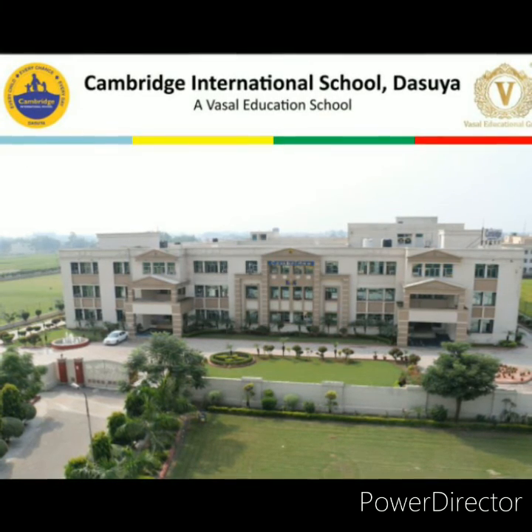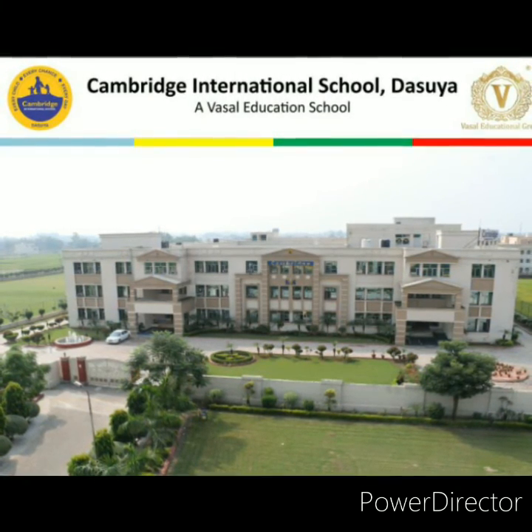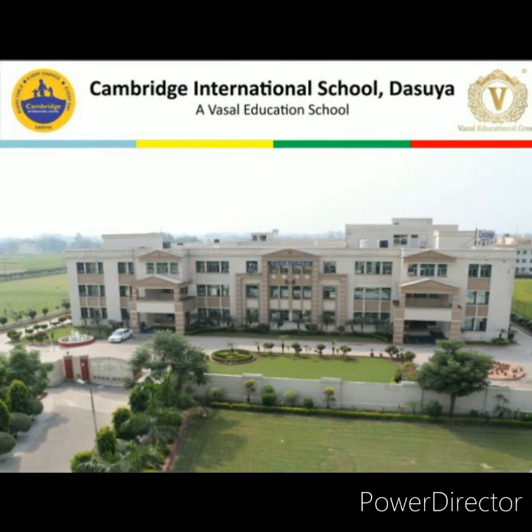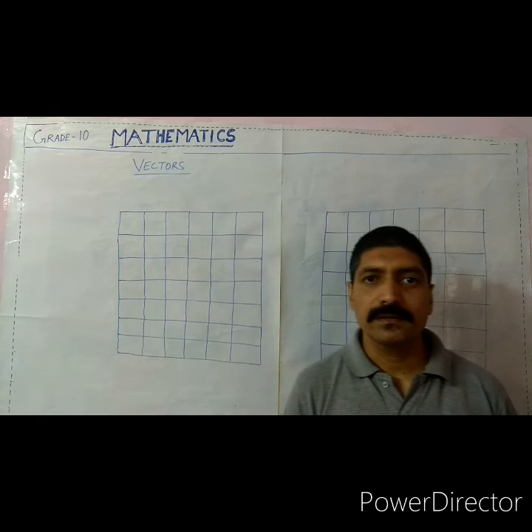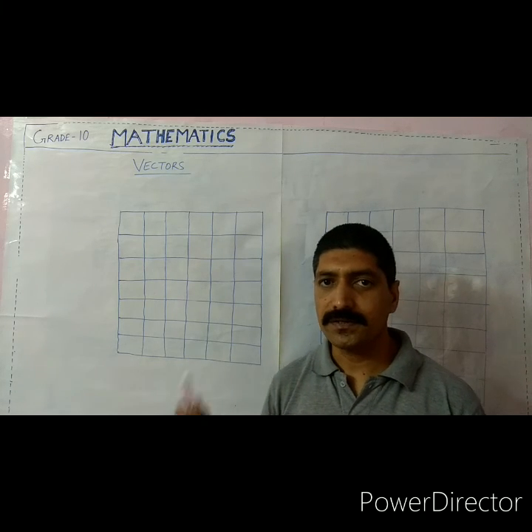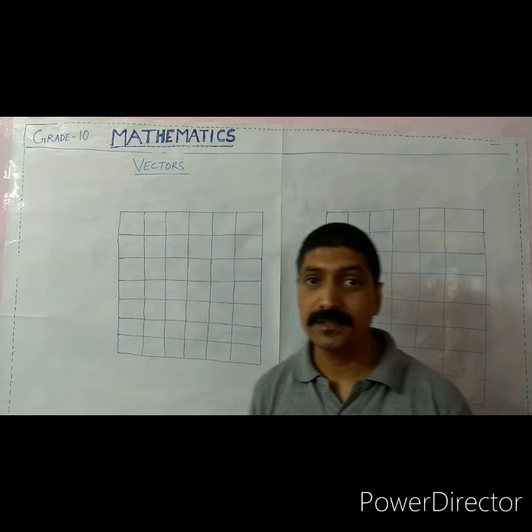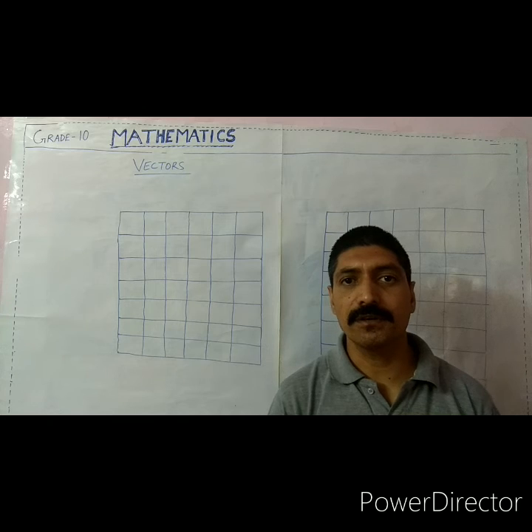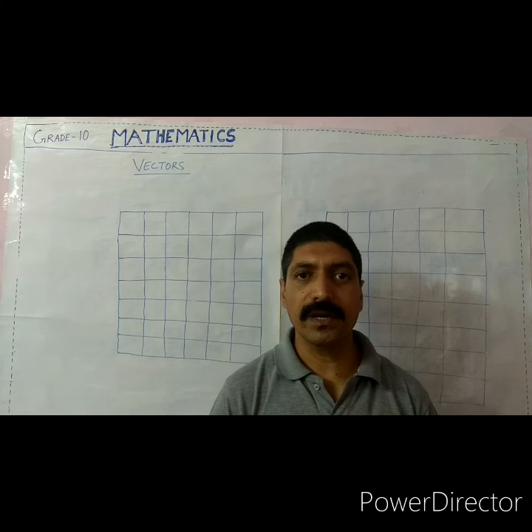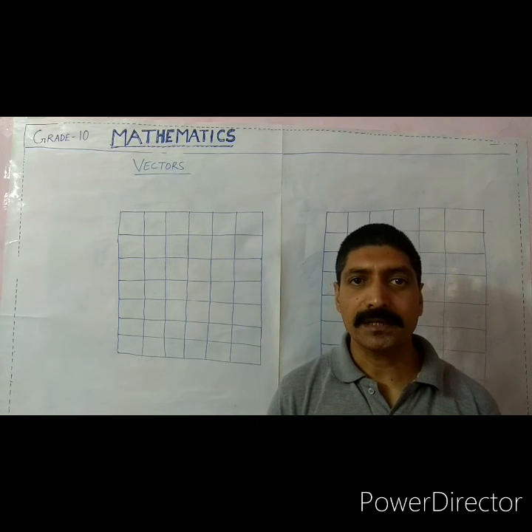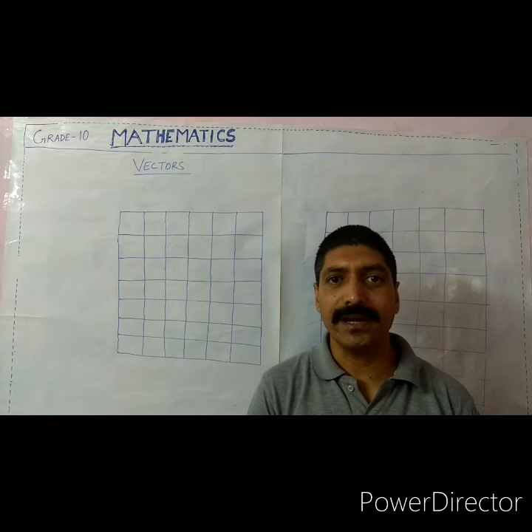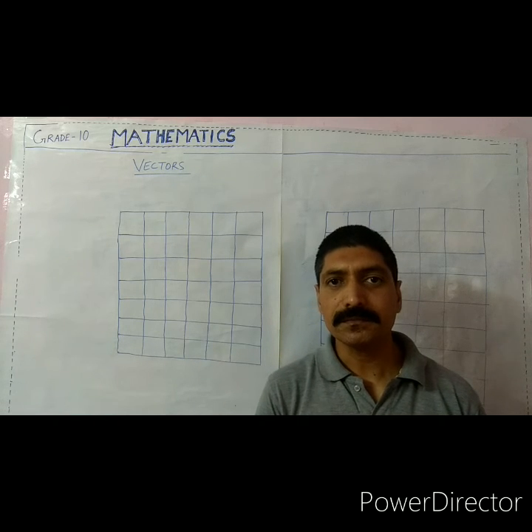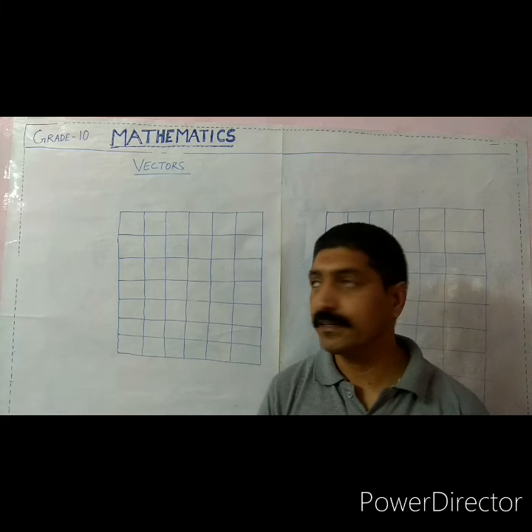Today, we will carry on our topic vectors. So yesterday, we discussed vectors. Our first topic was translation of vectors. We have studied the x component and the y component.